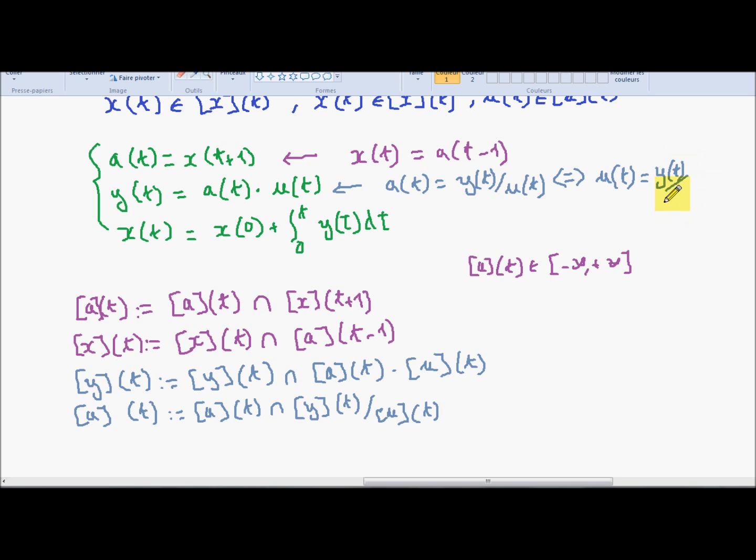And then u of t is contracted as follows: u of t intersected by y of t divided by a of t. And for the last equation, I will have the following contraction.